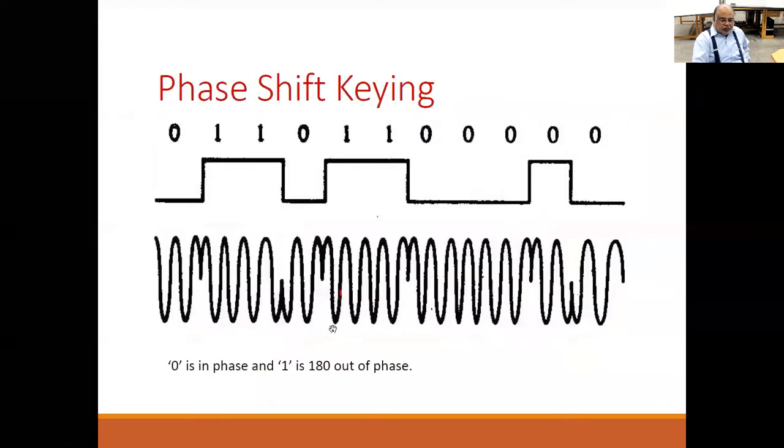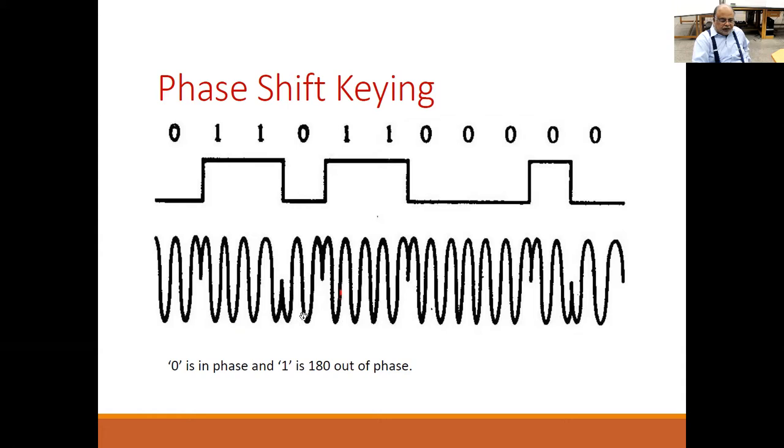Then it became very simple to know if the signal was in phase or out of phase. Using this in phase and out of phase information, you could send 1 and 0. If the signal was totally in phase with the input, like this one, you would send 1.